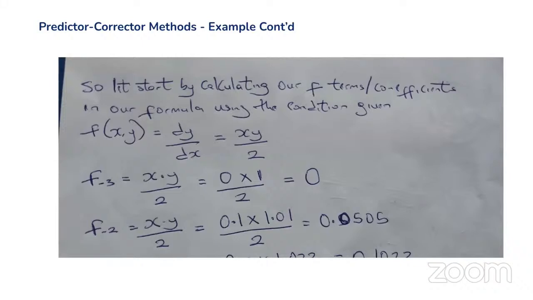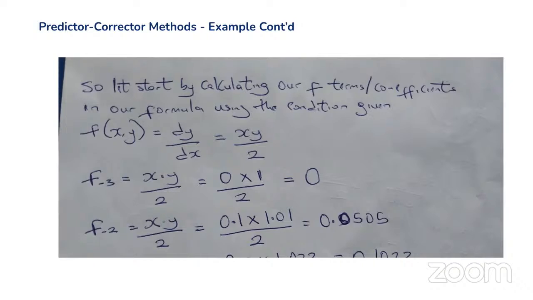The initial point of x is 0, while the initial point of y is always 1. So if you insert into your formula and solve, you discover that f minus 3 is equal to 0, because 0 times 1 divided by 2 is equal to 0.